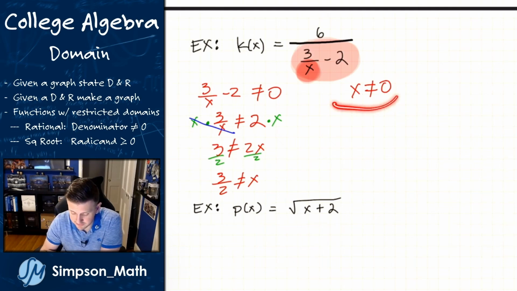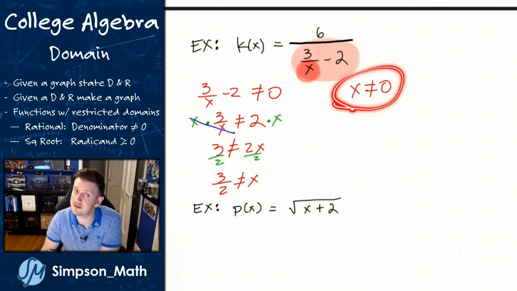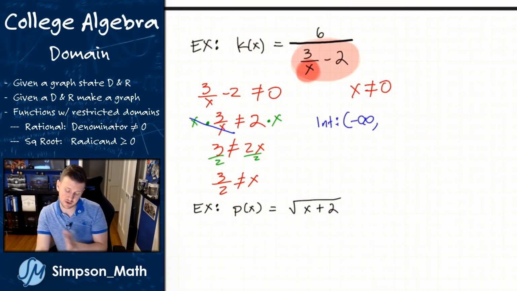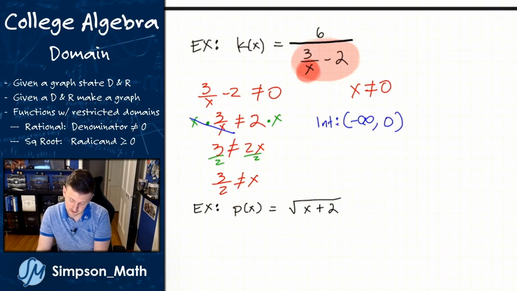And when I solve this one over here, well, lucky me, it's already solved for x. x is all by itself. So in terms of interval notation, we're going to go from negative infinity all the way up to, which one do we get to first numerically, 0 or 3 halves? Well, the 0, because 3 halves is positive.